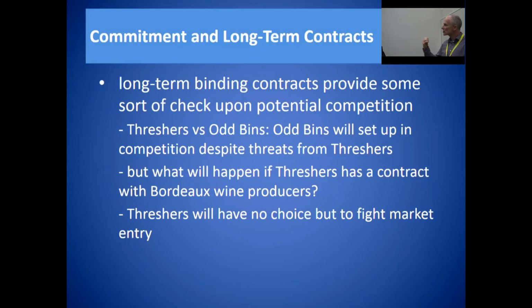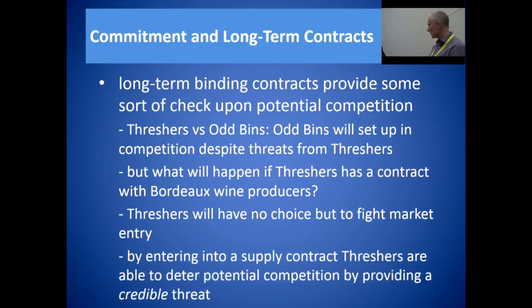And hence, this threat, this commitment to fight market entry is more plausible. Without that long-term binding contract, there's nothing at all that Threshers can do to keep Odd Bins out of the market. Anything that it might say, these threats, it's all posture.